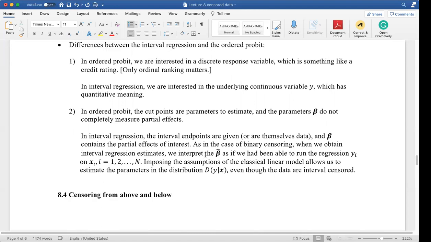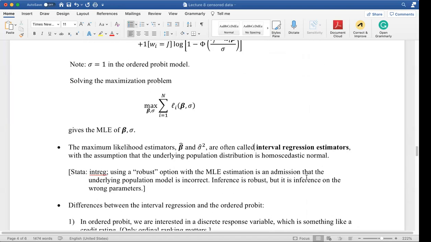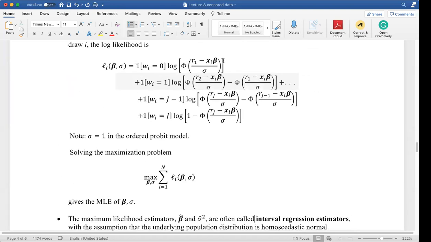Imposing the assumptions of the classical linear model, that is where we have the normality assumption, allows us to estimate the parameters in the conditional distribution of y given x, even though the data are interval censored. And that's why we need the classical linear model where we have the normality assumption, so we can do the maximum likelihood estimation. Okay.